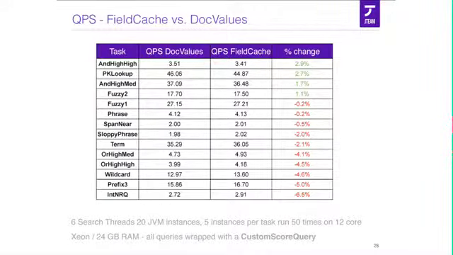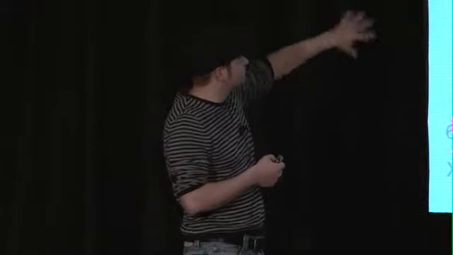If you wonder whether the actual field cache versus DocValues search is slower or faster, what I did is I used a custom score query, and I indexed a couple of DocValues fields and a couple of fields which get turned into field cache, and ran all kinds of different queries we use for benchmarking, wrapped with this custom score query to figure out if it's much faster or much slower. But the results are basically in the noise, so it doesn't make a big difference.